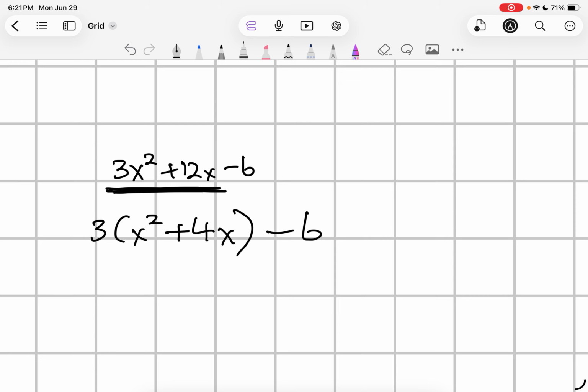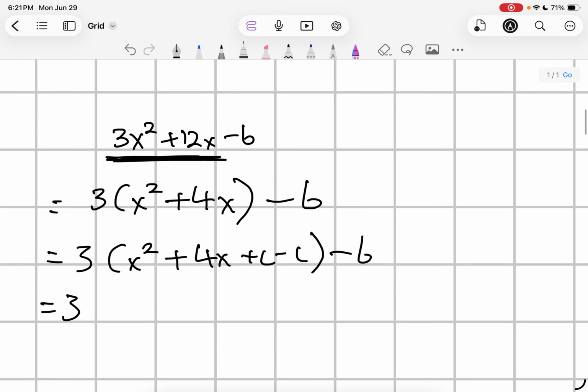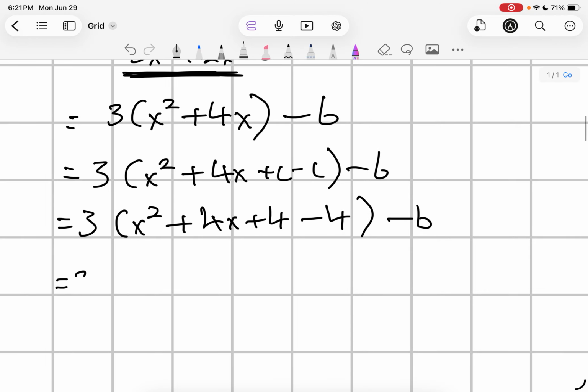What you would do is keep going. Plus 4x plus c minus 6 equals 3 times (x squared plus 4x plus 4) minus 6 equals 3(x plus 2) squared. But that -4, when you take it out, you have to multiply it by that 3.